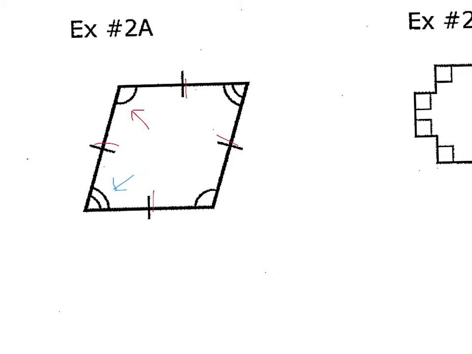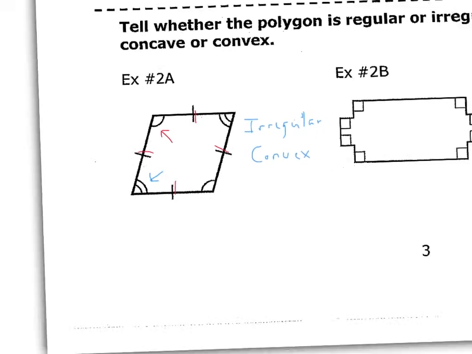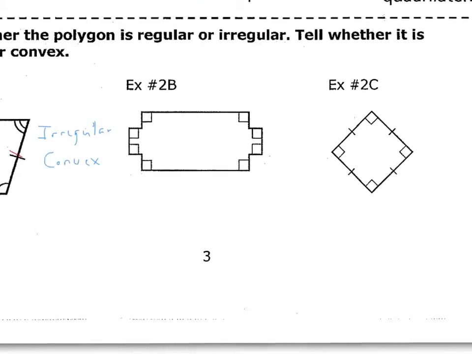So because we have 2 different types of angles, you know that it's going to be irregular. Okay, so this is an irregular polygon. And because we don't have any parts that cave in, this is going to be convex. Okay, so an irregular convex polygon is your classification on this one.